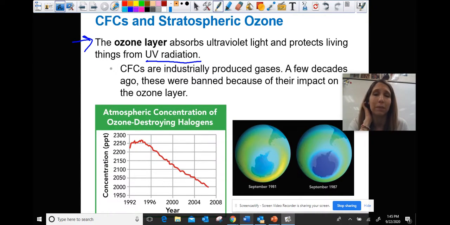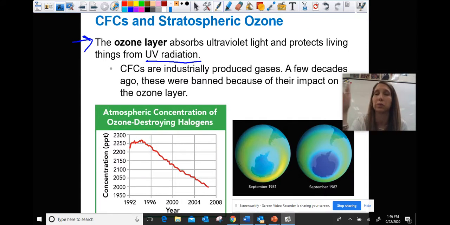CFCs are something that came out a while back and were commercially used in refrigerants, coolants, and other types of industrial products like that. What we figured out, I think in the 80s, was that these CFCs can be really dangerous, especially for the ozone layer.